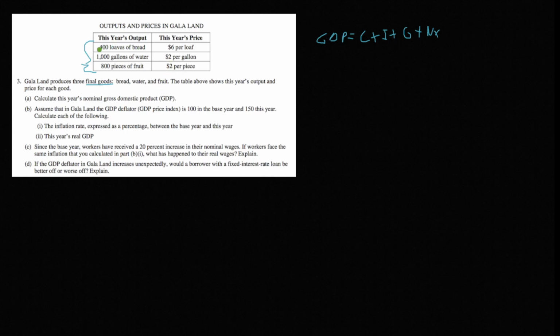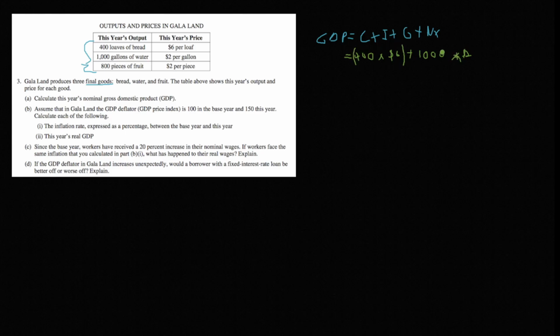So we have 400 loaves of bread times $6 per loaf, and then we're going to add that to our 1,000 gallons of water at $2 apiece.